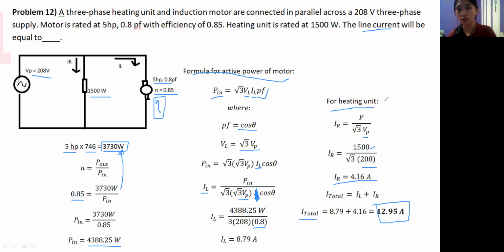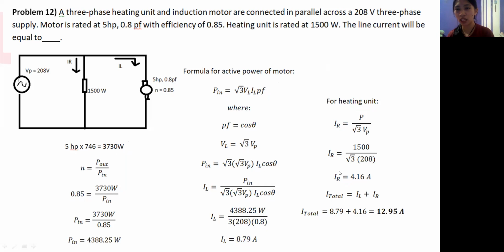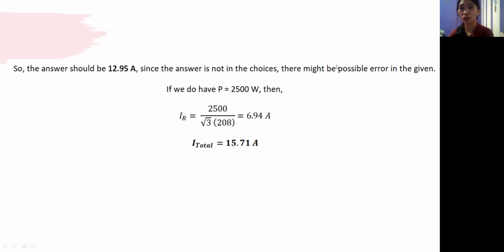Upon solving this, the answer is not in the choices, but maybe there are some factors why. The answer should be 12.95 amperes, what we got earlier. Since the answer is not in the choices, there might be a possible error in the given.